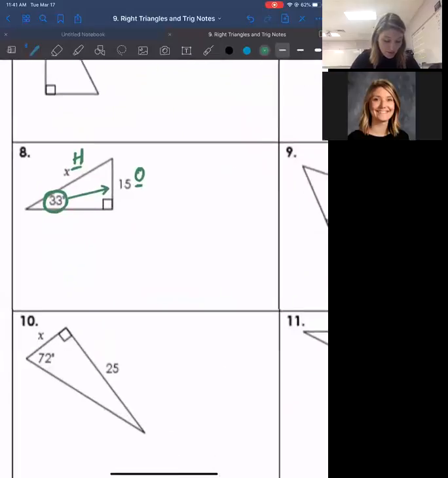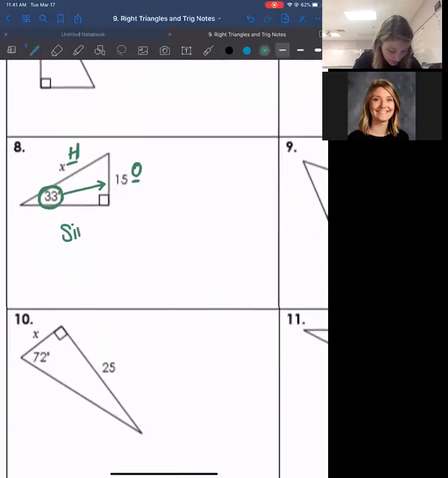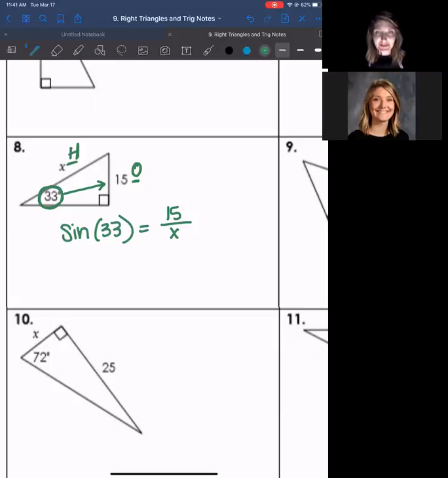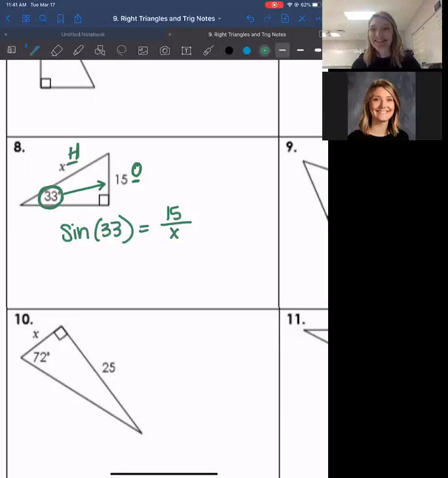So I'm going to be using sine here, sine of the angle equals, and then the ratio is opposite over hypotenuse. Opposite is 15, hypotenuse is x. Now, x is on the bottom this time, so I'm going to multiply that over to get x sine of 33 equals 15.